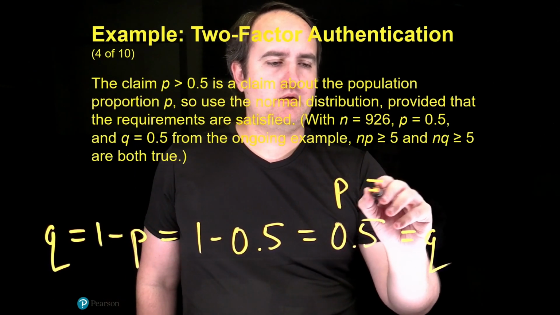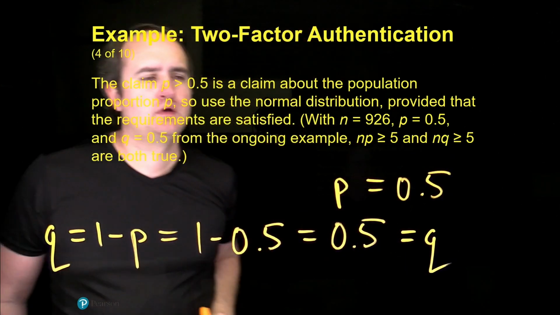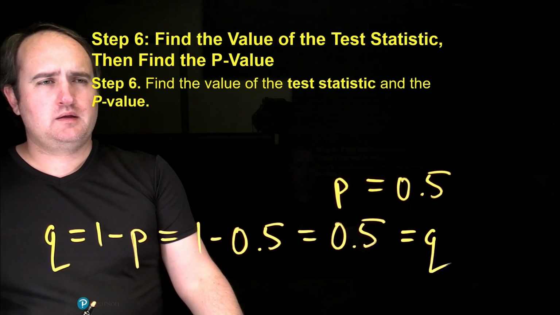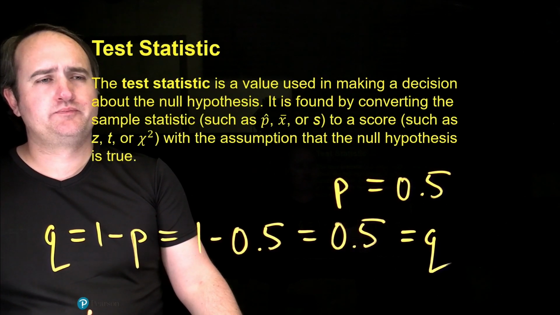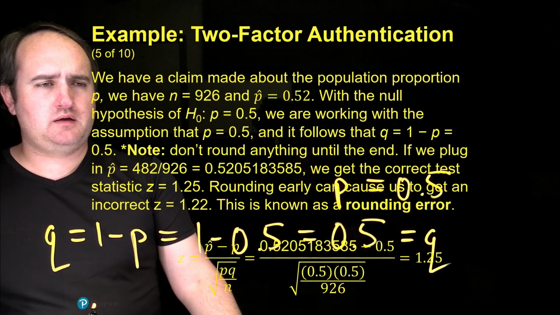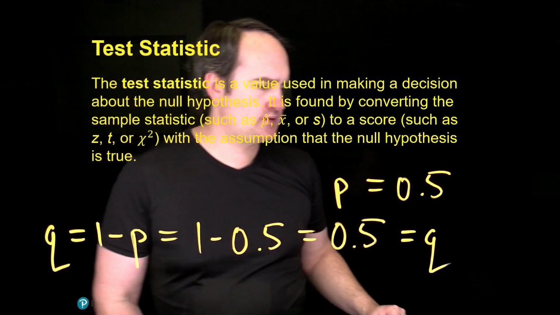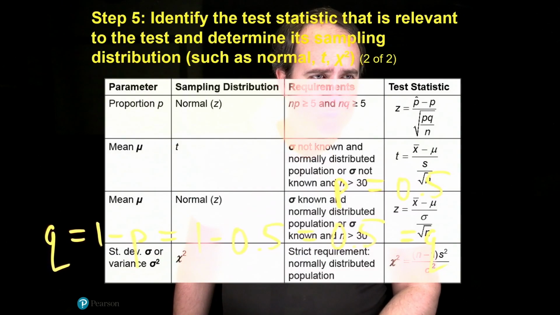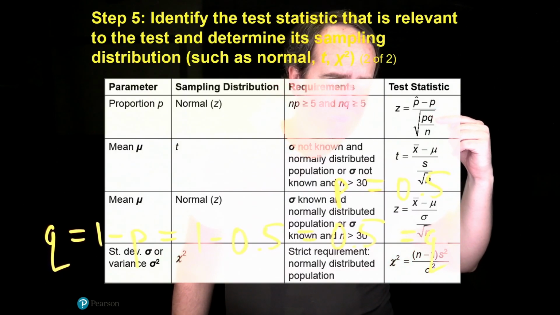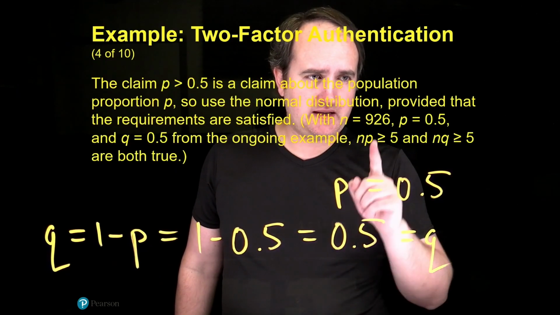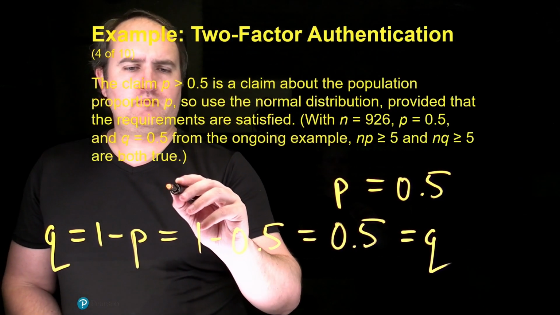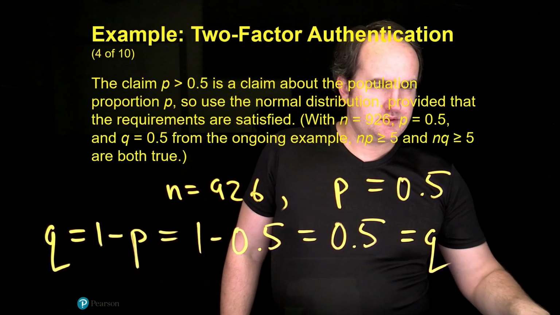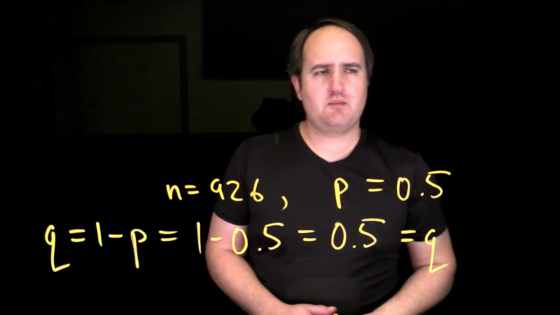We got p from the null hypothesis. Okay, and then let's do the test statistic. So actually let me switch to a view where we can do all this. So z equals p hat minus p over the square root of pq over n. In this problem, we said n was 926. Okay. So let's actually switch to the camera.